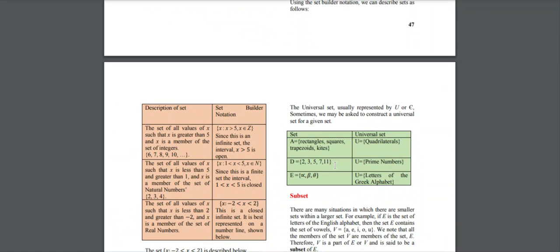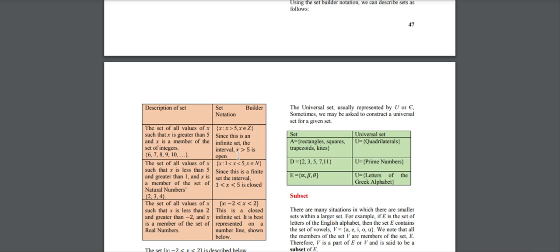So if you wanted to list all the values of x that are greater than 5, right? That's an infinite set. Set builder notation can represent this. We can say {x : x > 5, x ∈ ℝ}. Remember the curly brace means the set of x, the colon means such that, x is greater than 5, comma, x is an element of the real numbers.